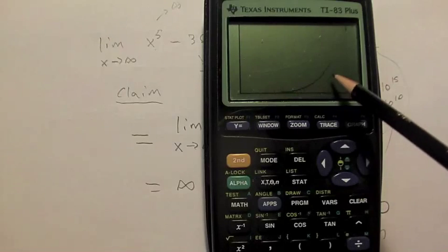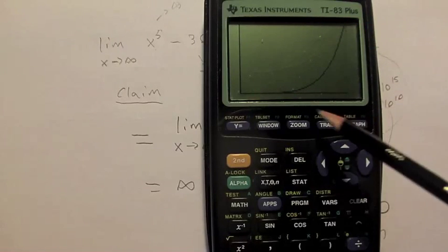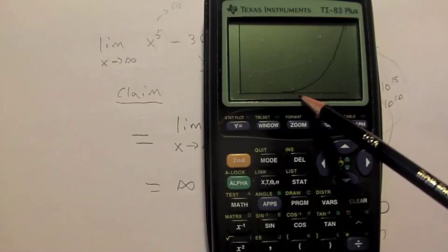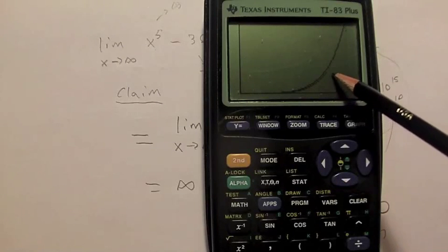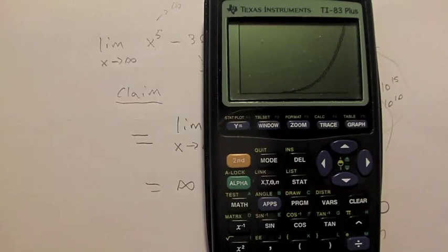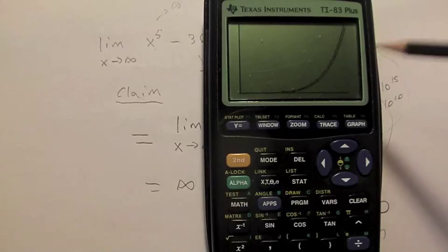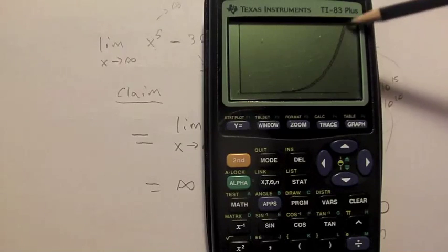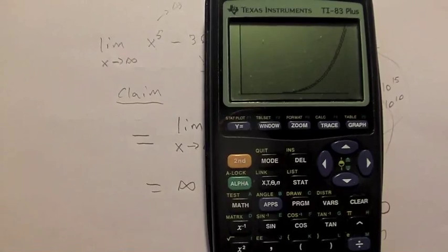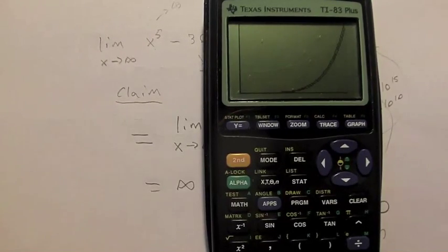Okay, and here we go, plotting x to the 5th, and then you can see there isn't much of a difference between x to the 5th and our crazy function we're looking at, right? And look at this, it's below that first one. Those minus terms are actually pulling the graph down a little bit, but not by a whole lot.